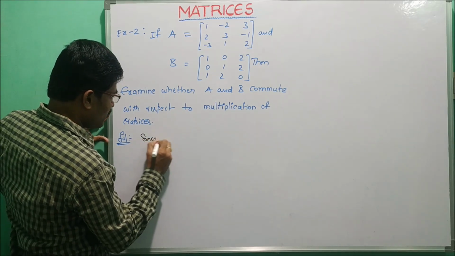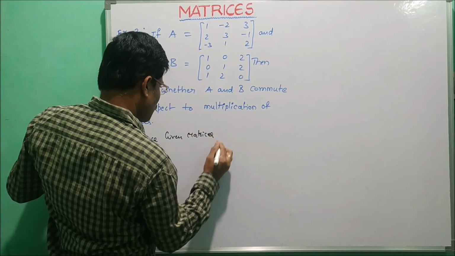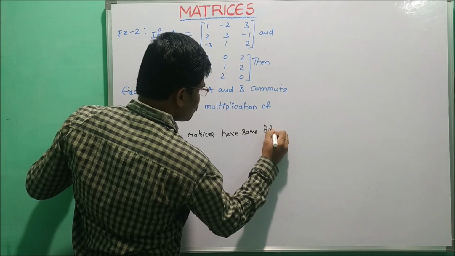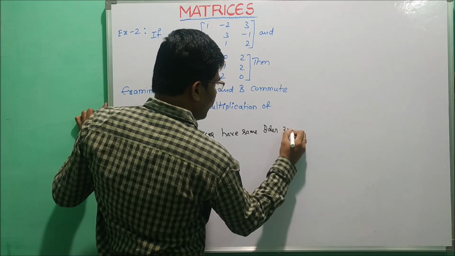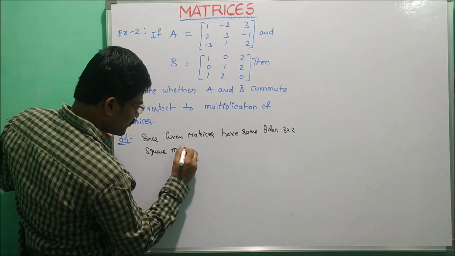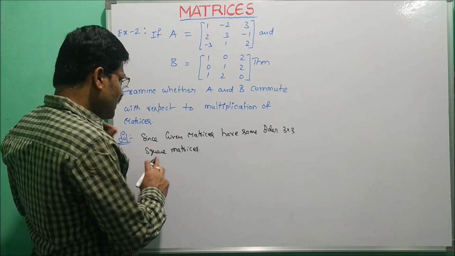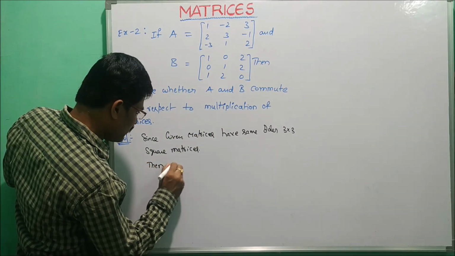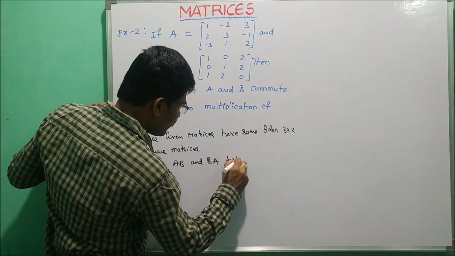Since the given matrices have the same order, 3 by 3 square matrices, then the products AB and BA both exist.